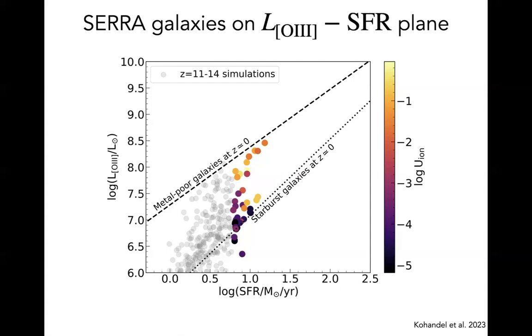But what you can see is that we found a very broad range for the O3 luminosity. Already from this plot, you can see these are color-coded with the ionization parameter, which shows how many ionizing photons have escaped from the ISM of this galaxy. So basically, the higher this U_ion, the higher your O3 luminosity. So we found this range.